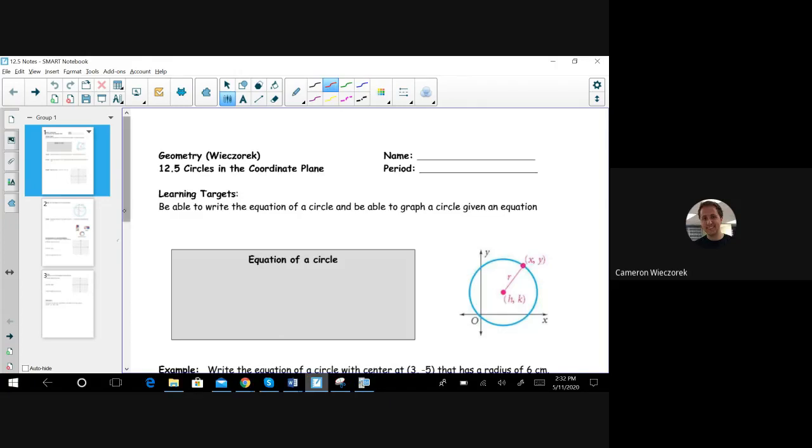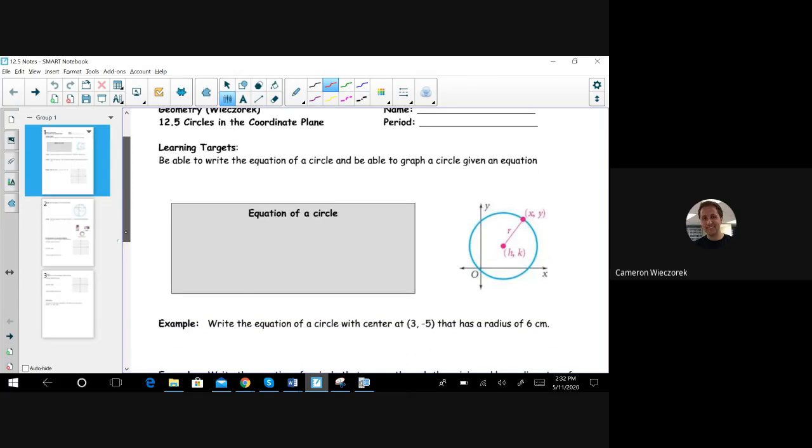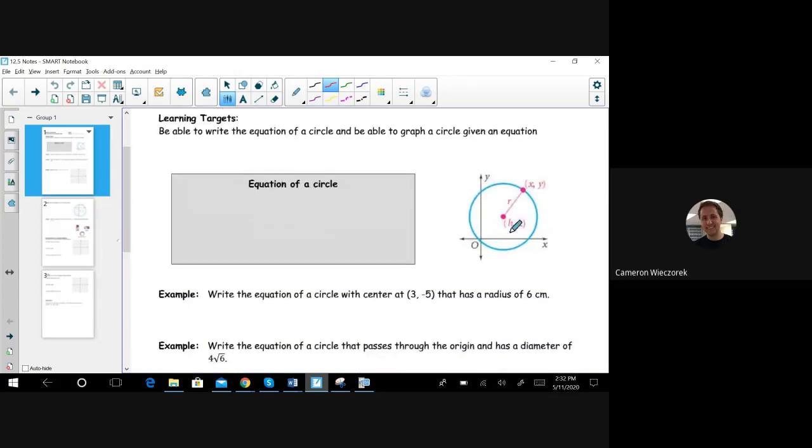So just like we saw in Desmos, the equation of the circle is determined by the center and determined by the radius. So it's x minus h squared plus y minus k squared equals r squared. H comma k, that's the center of your circle.